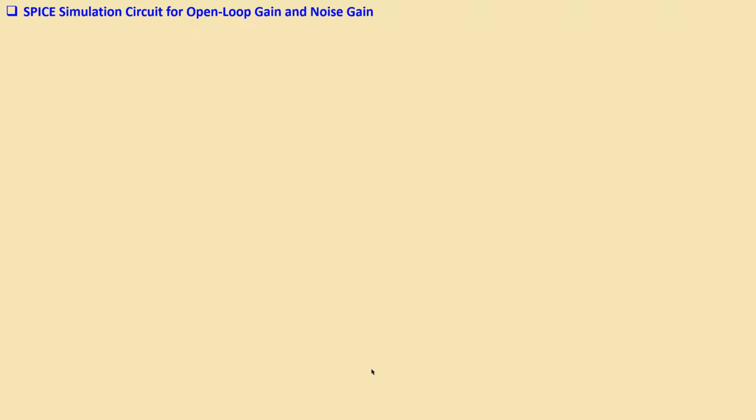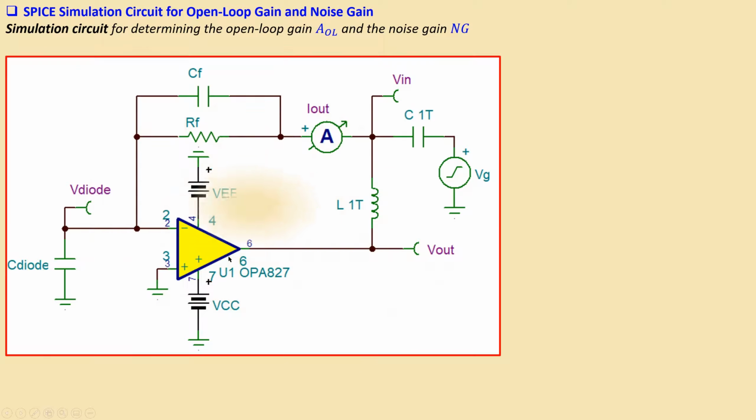Okay, SPICE simulations. This is very important, because to do the SPICE simulations, you need to adjust your SPICE circuit to determine the open loop gain and also the noise gain. This is also important for the analysis and calculations for our noise. So this circuit is what we use to determine the noise gain, the open loop gain and other elements. You see again the capacitor and the resistor in the feedback.